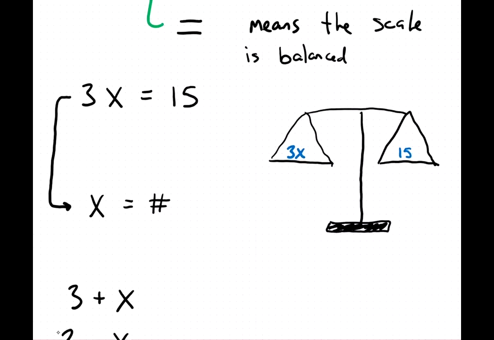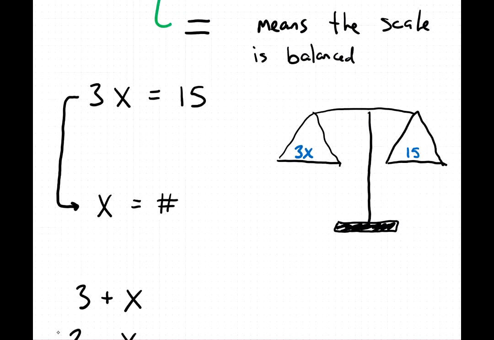Okay, so let's go back up to this problem. We want to get rid of this 3. We want just the x on the left-hand side of the scale, or the left-hand side of the equation. Now, you're not going to draw a scale every time you solve an equation. I'm just using this as a visual aid in terms of how to solve equations. Well, we're allowed to make whatever changes we want to the left-hand side as long as we make the exact same change on the right-hand side.